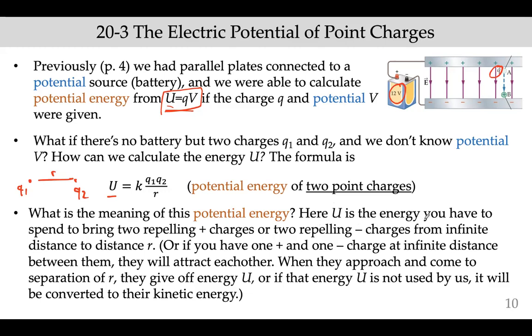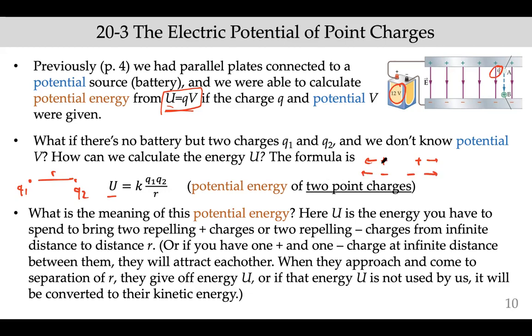Here, U is the energy that you have to spend to bring two repelling plus charges together. If you have two plus charges, they would normally repel each other, so they wouldn't stay like this. Or if you have two negative charges, they would also repel each other.